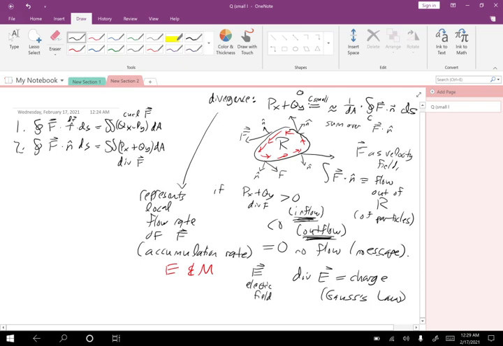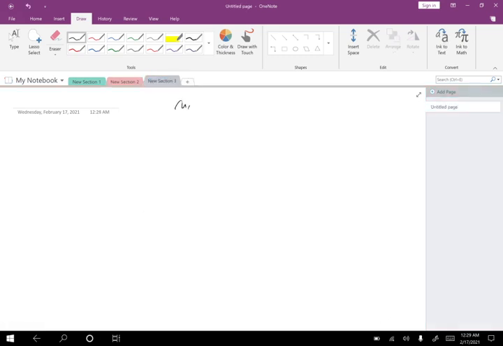So let's turn to the curl now that we have an intuition for why the divergence has a geometric meaning. So for the curl, I'm going to draw this curve. So we're actually projecting against the tangent directions now.